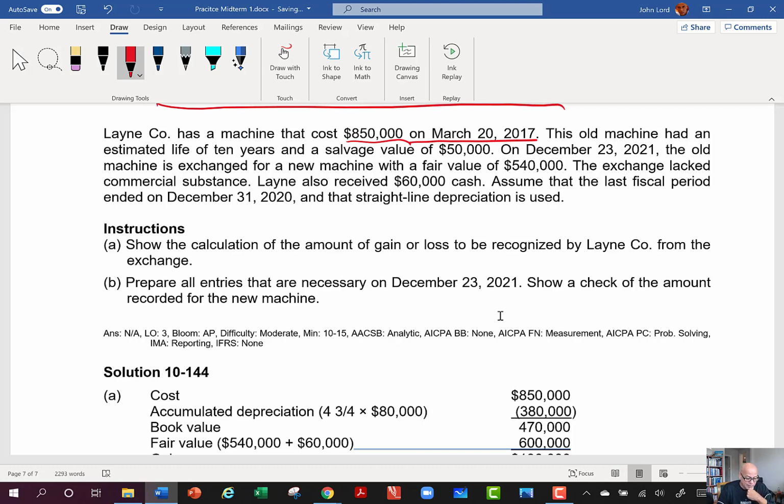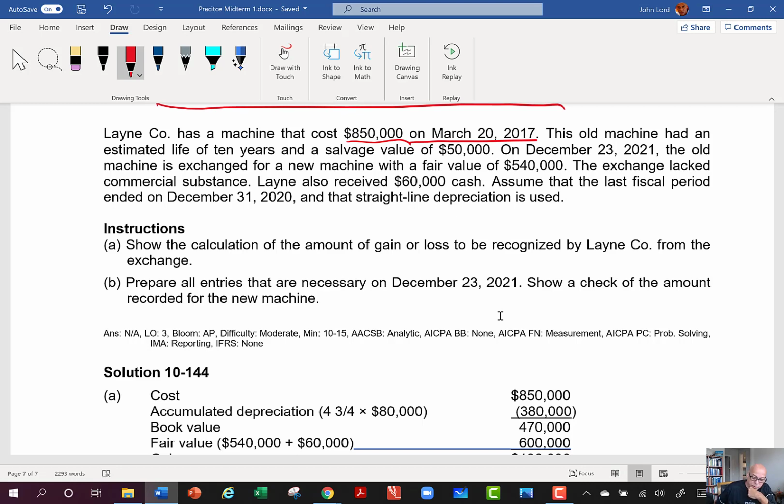The old machine has an estimated life of 10 years and a salvage value of $50,000. On March 23rd, 2021, the old machine is exchanged for a new machine with a fair value of $545. So they used the old machine for a while, got the new machine, and exchanged the old one for the new one.